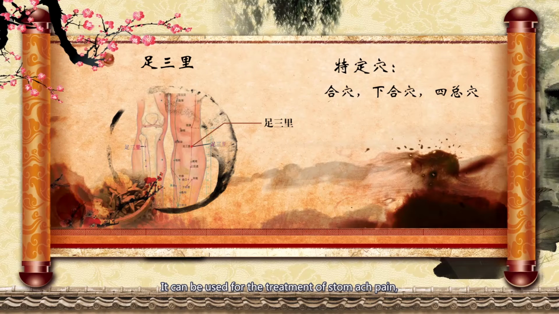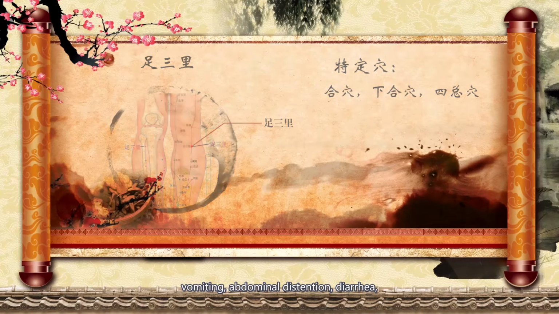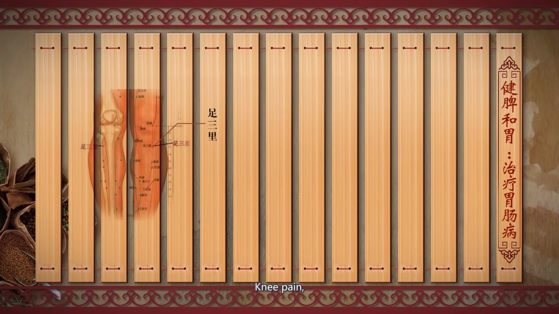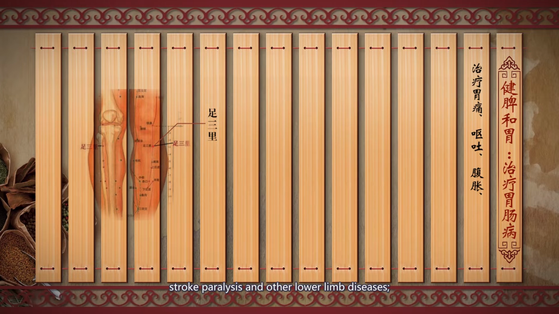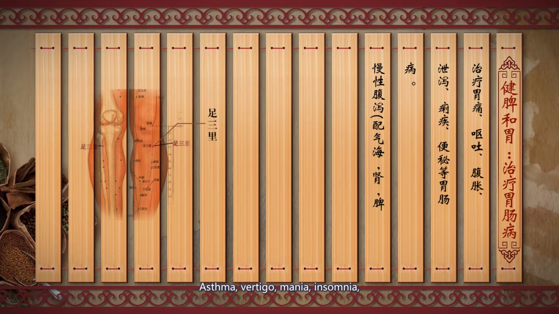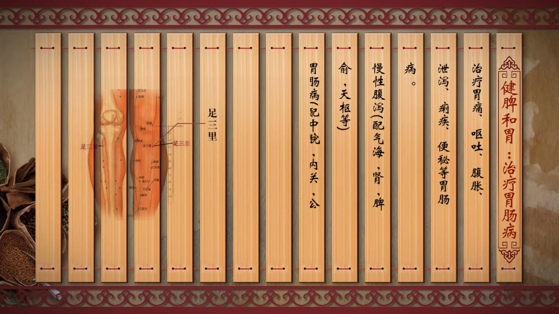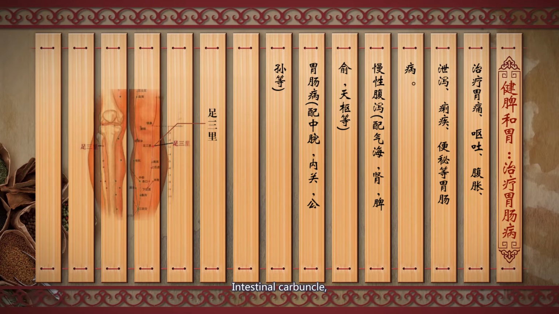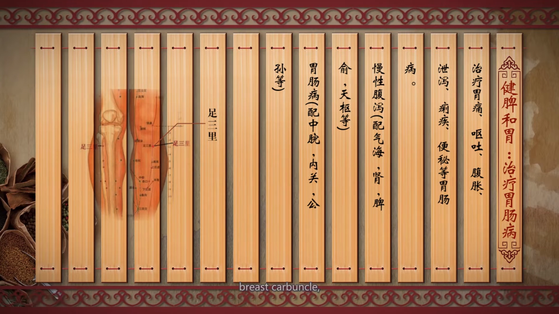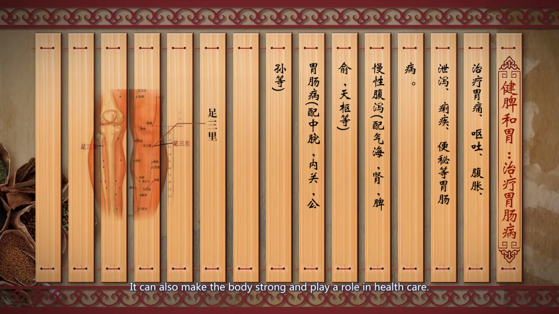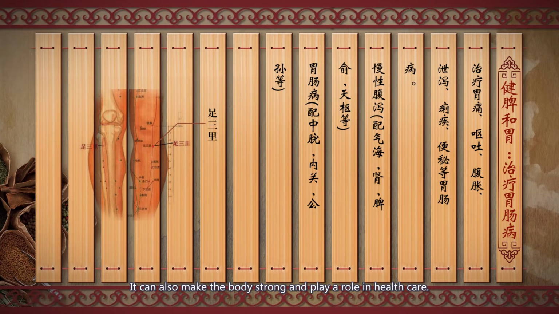It can be used for the treatment of stomach pain, vomiting, abdominal distension, diarrhea, constipation, and other gastrointestinal diseases, leg pain, stroke, paralysis, and other lower limb diseases. Asthma, vertigo, mania, insomnia, heart palpitation, and other diseases caused by phlegm, intestinal carbuncle, breast carbuncle, gastroptosis, nephroptosis, and other diseases. It can also make the body strong and play a role in healthcare.